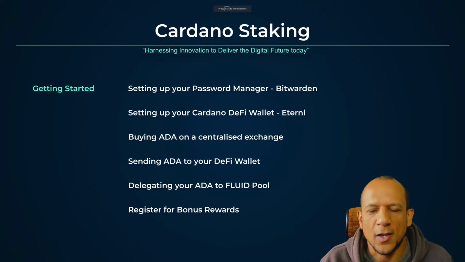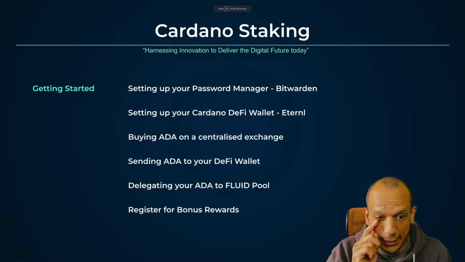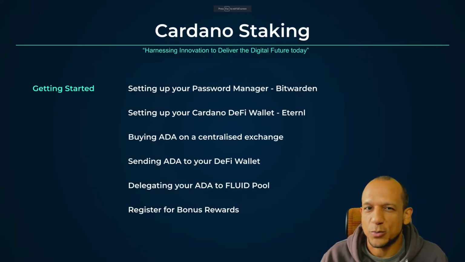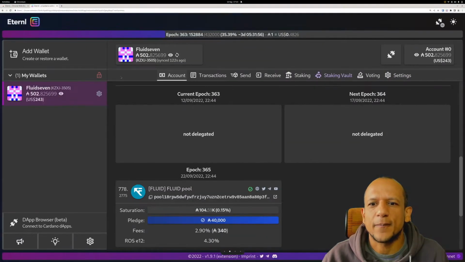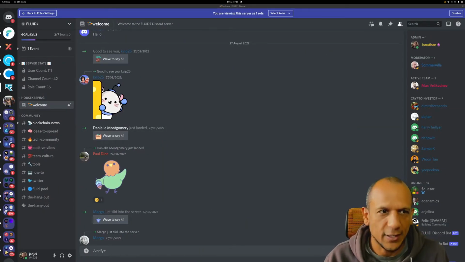So once you have delegated your ADA to Fluid Pool, which we have done now, the last thing to do is to register for the bonus rewards that I personally issue out for participating in Fluid Pool. To do that, you need to join the Discord server.